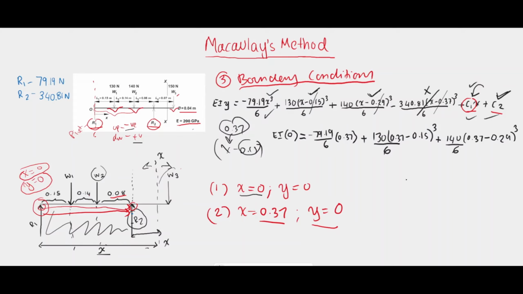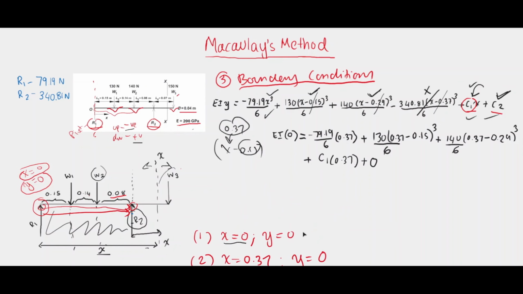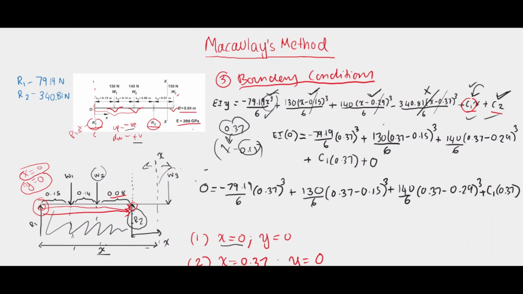I'm going to continue the equation downwards. We're not writing this, so we'll continue with plus c1, x is 0.37 plus, we know c2 is 0, so you can just put 0. Let me move this aside so it's not in the way. We can now rewrite this, so we can take c1 to the other side over here, and we can simplify these terms.